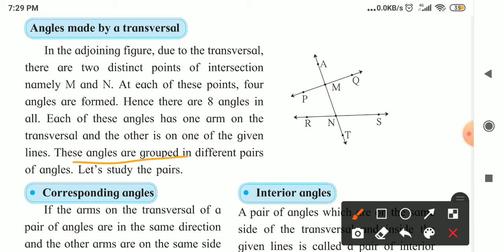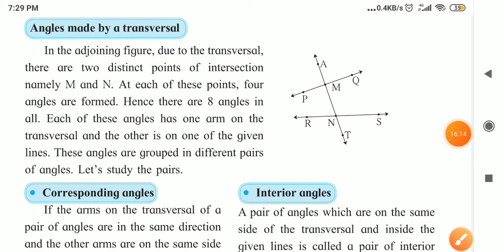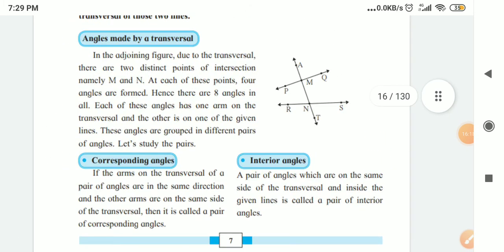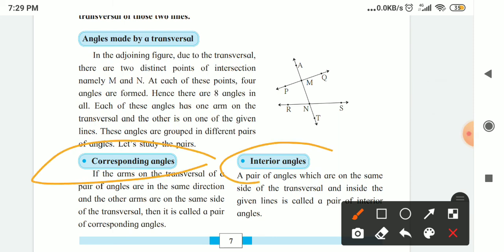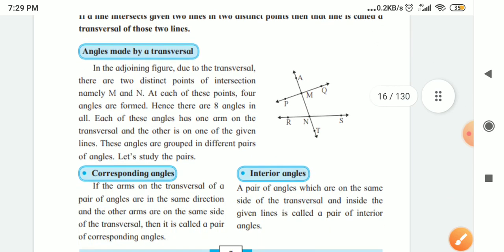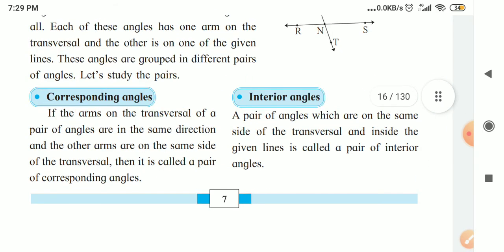Now these angles are grouped into different pairs of angles, and let us study the pairs. Which pairs of angles are there? First, corresponding angles, interior angles, and alternate angles, and these pairs we are going to study in tomorrow's lecture. Understand?